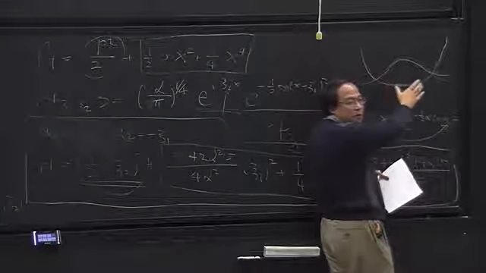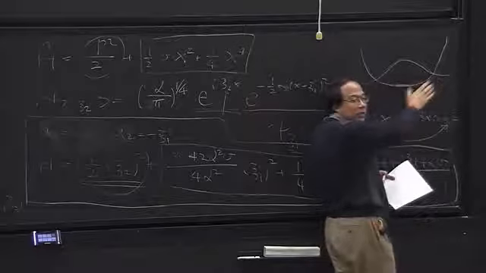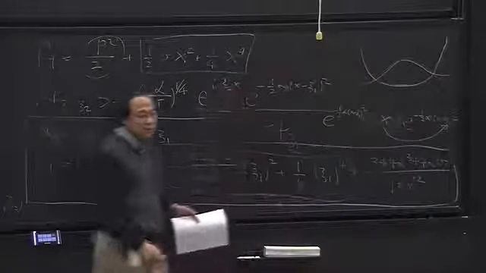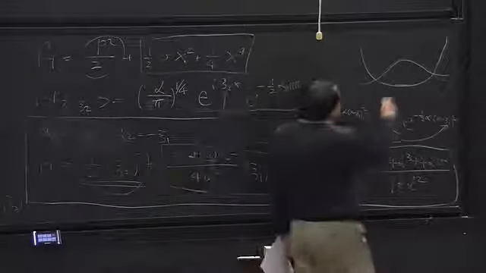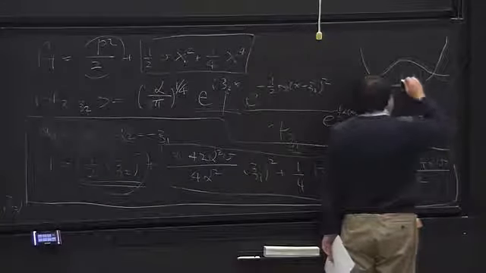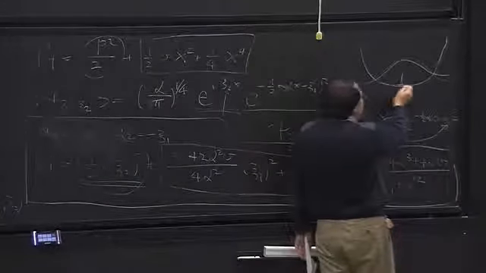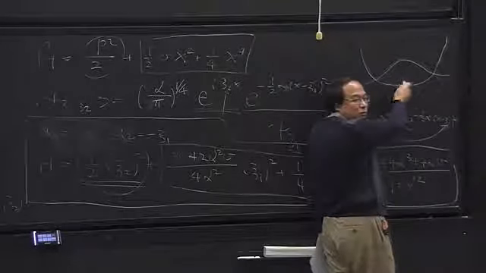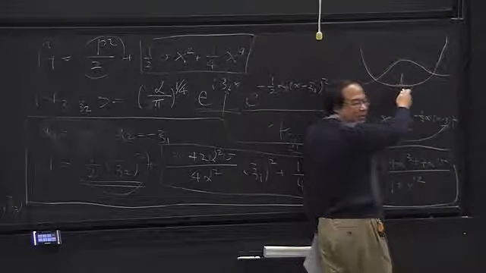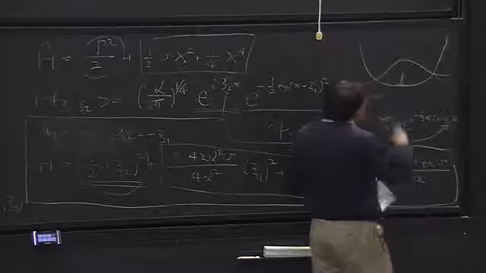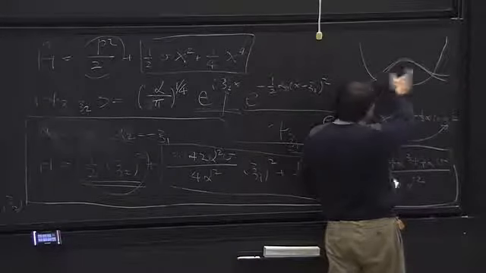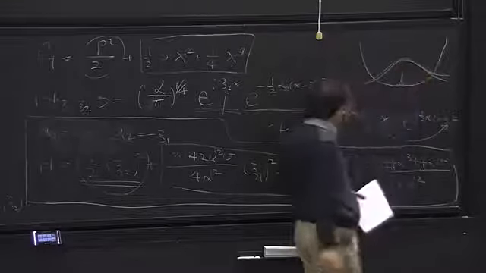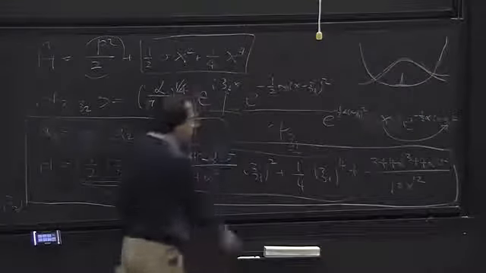So therefore, the effective spring constant is finite. And that's a quantum effect. Because in classical physics, the wave function is really a delta function, so you only see this flat part. So certainly the frequency will be 0. But because of quantum fluctuation, the wave packet is big, and then you see some effective spring constant. So this is that effect.